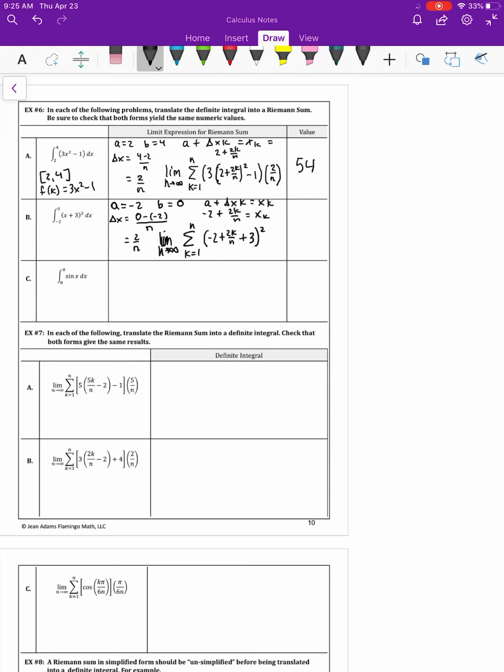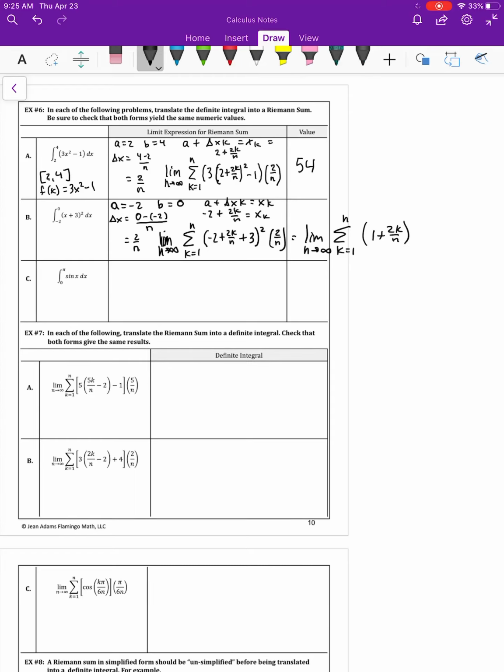So now, limit as n goes to infinity. Sorry, I know that is all messed up. From k equals 1 to n, this is going to be negative 2 plus 2k over n plus 3 squared.